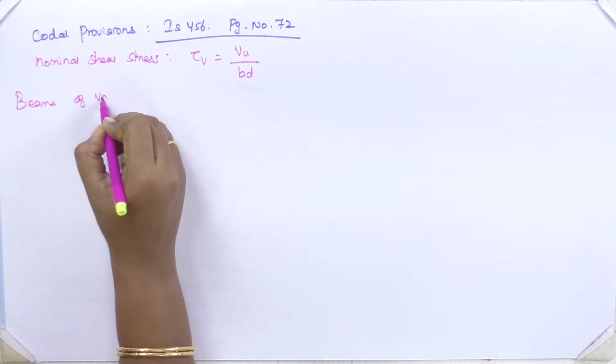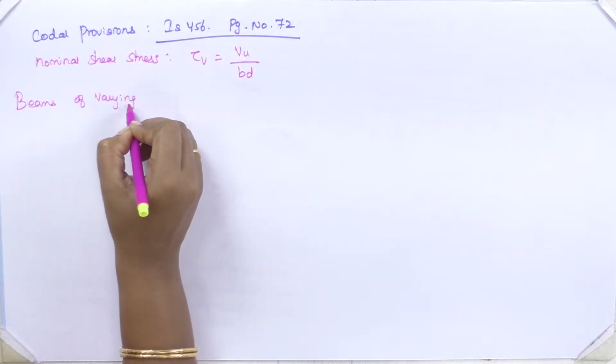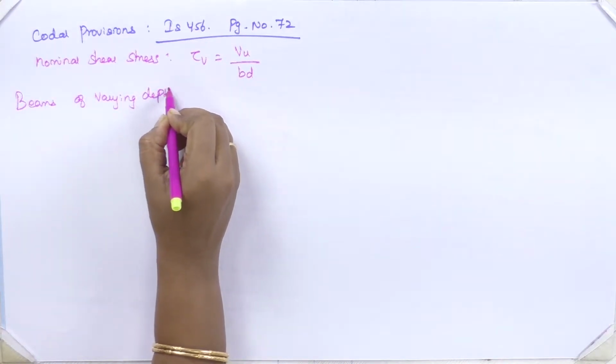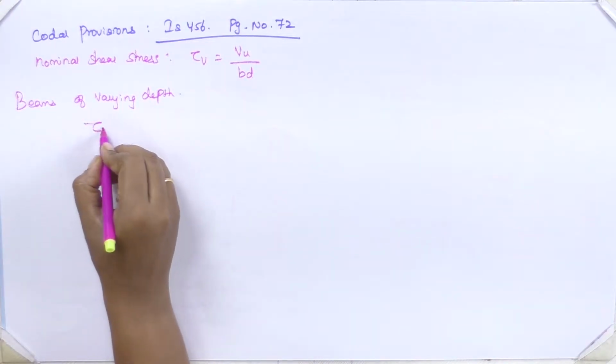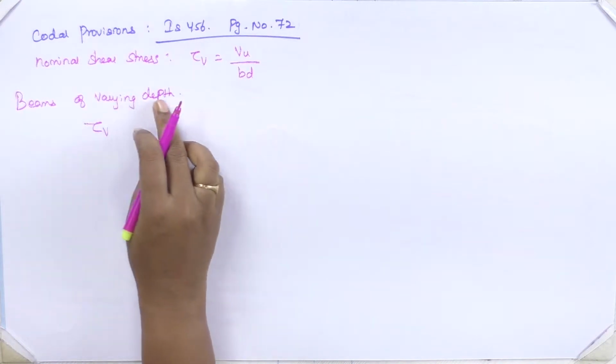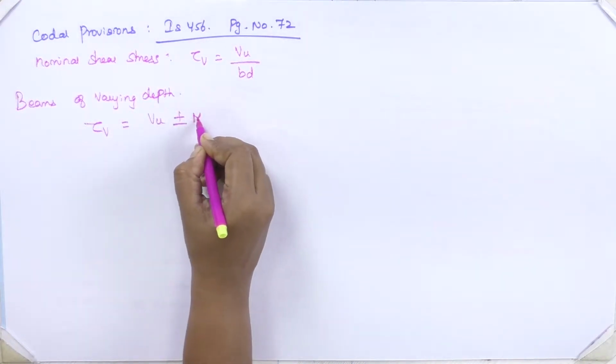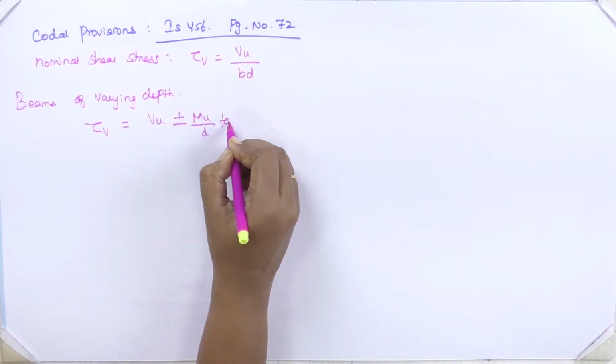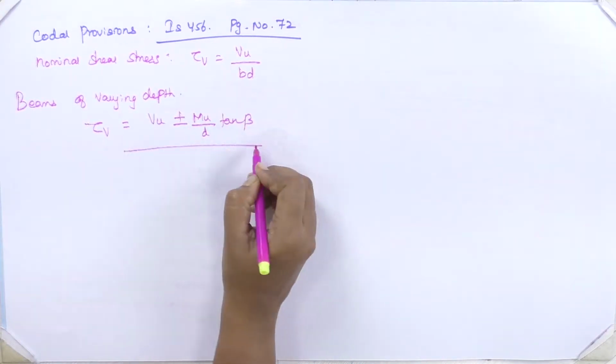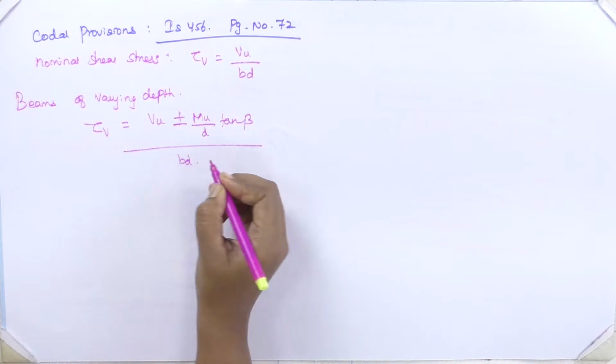When beams are of varying depth, I can go for some section where my beam depth is varying: tau V is equal to VU plus or minus MU by D into tan beta divided by BD.